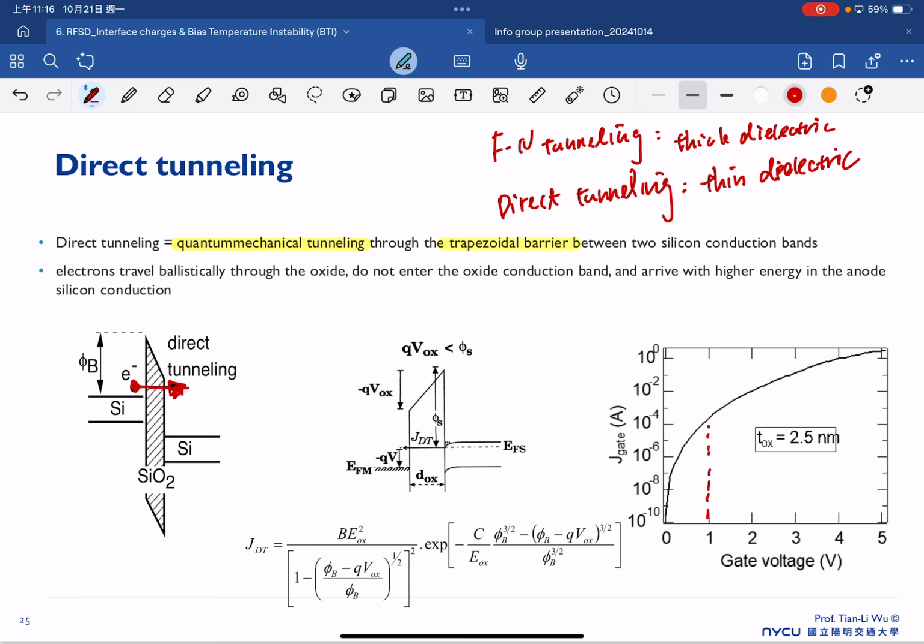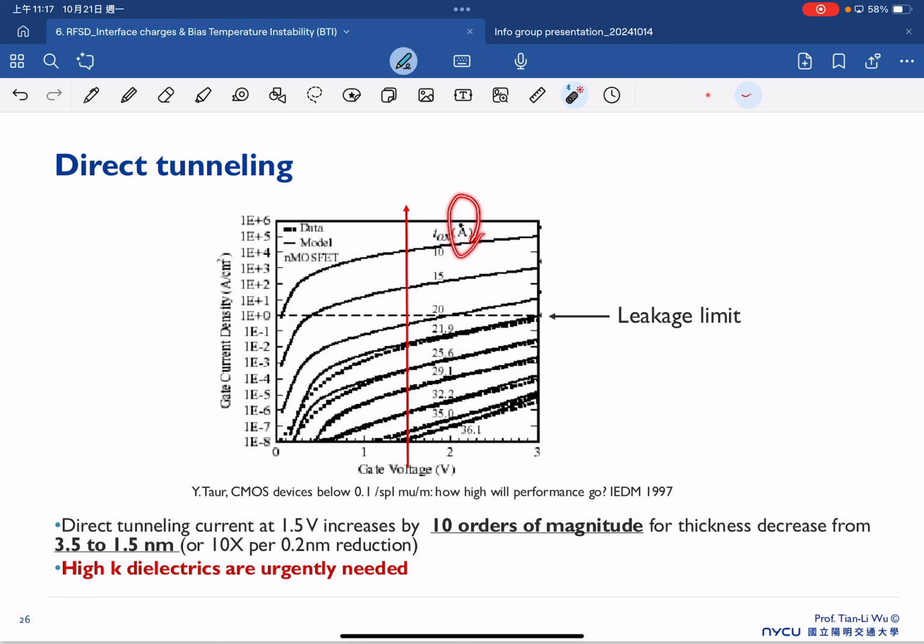He has one very famous book talking about CMOS scaling. So at that moment in 1997, people already started to discuss the scaling issues. You can see this is the dielectric thickness. The unit here is angstrom, scaling down from 36.1 angstrom to 10 angstrom here.